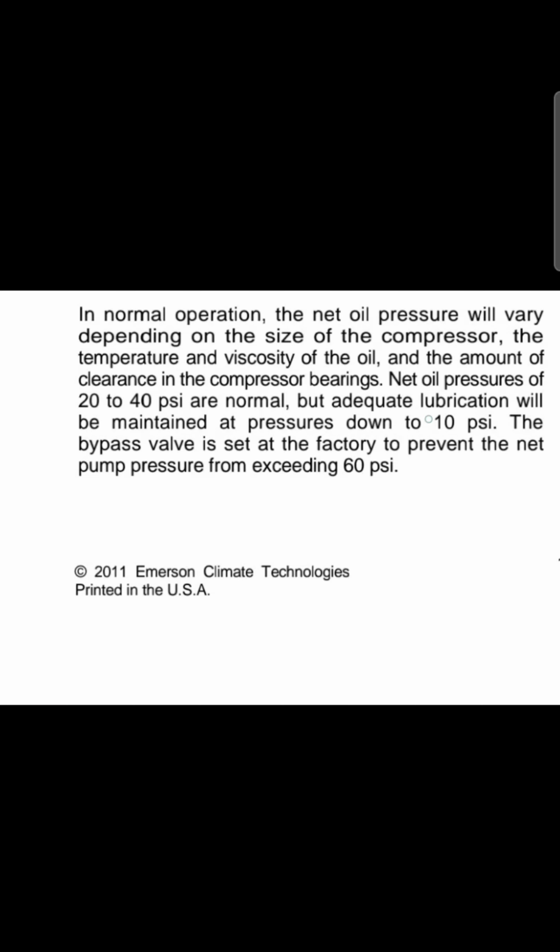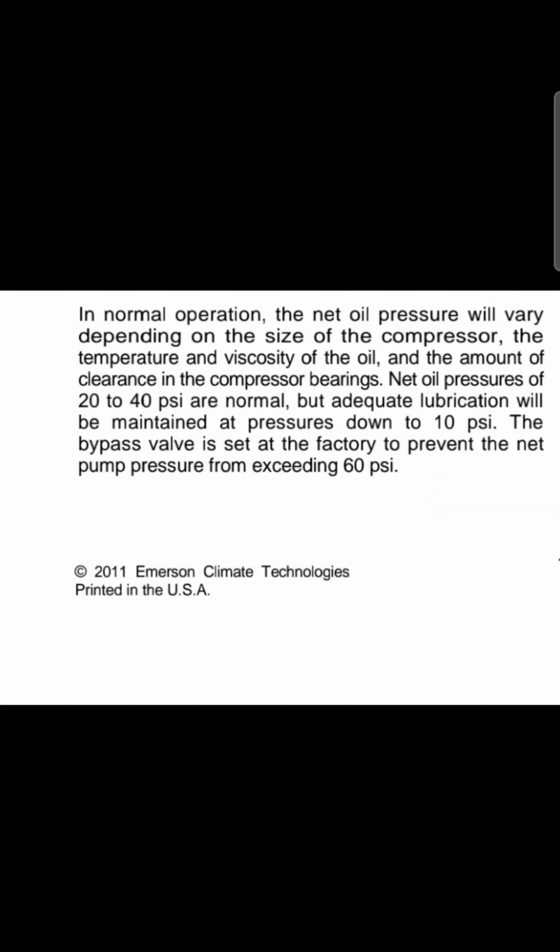Go on to the next part. Net oil pressures of 20 to 40 psi are normal, but adequate lubrication is good down to 10 pounds, right? For those of you that have worked on Centronics or compressors with oil fail controls, you'll notice that the set point to where they start to fail is at 9 pounds.